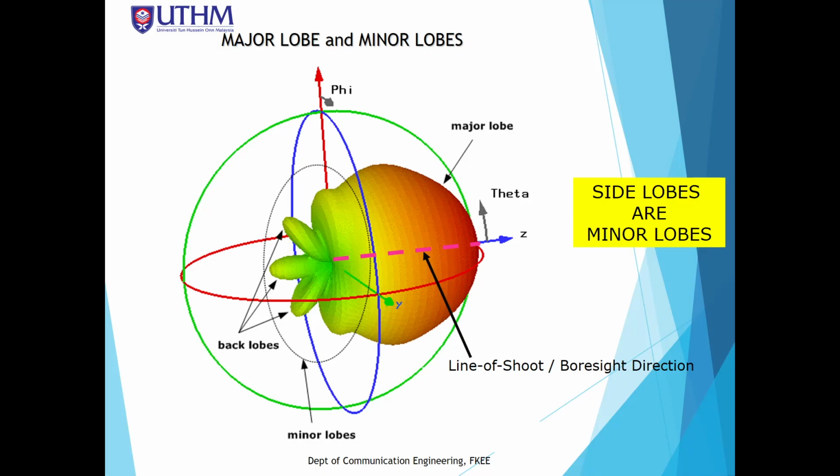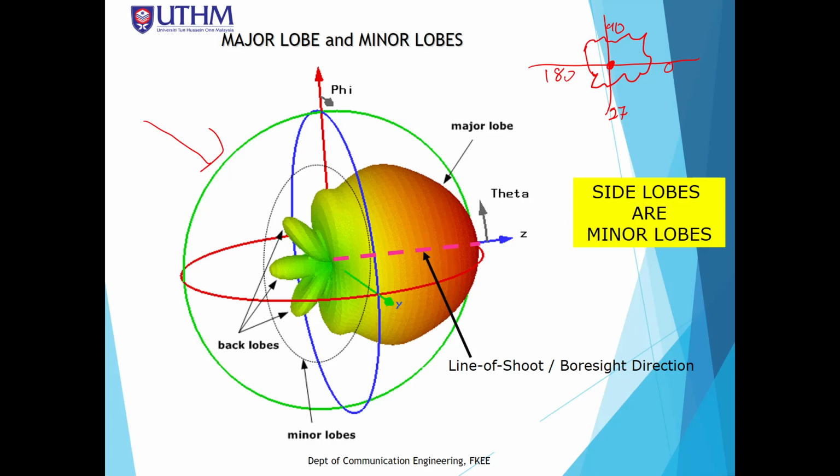The 2D is also based on the angle, 0, 180, 90, and 270. So the radiation pattern for 2D looks something like this. The antenna is at the center, for example. So we have the radiation patterns. So this picture shows the 3D radiation pattern for the antenna.